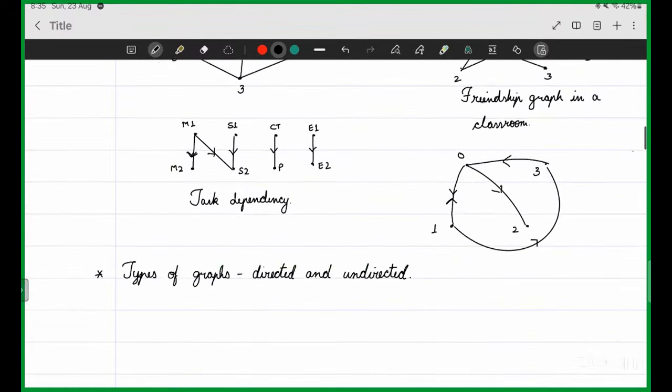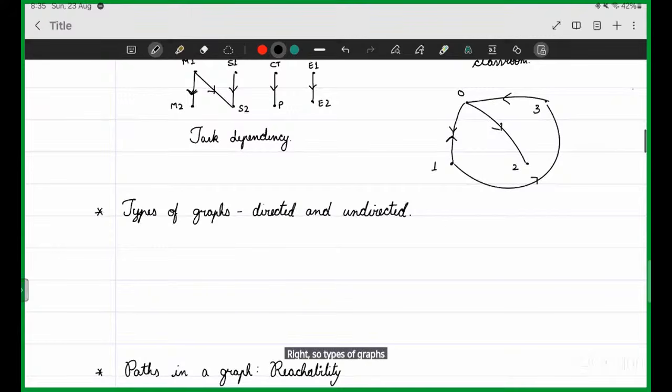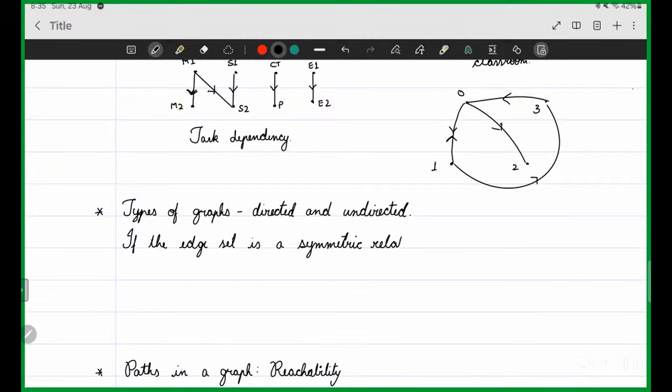Okay. Right. So types of graphs, directed and undirected, we have seen. Let me just write it down. If the edge set is a symmetric relation, then the graph is undirected, right?